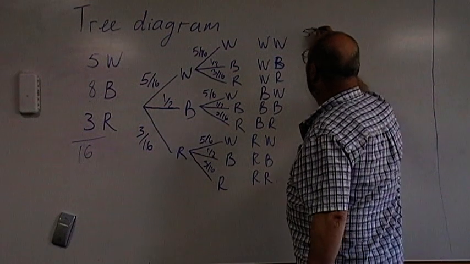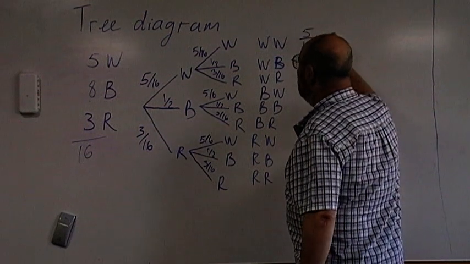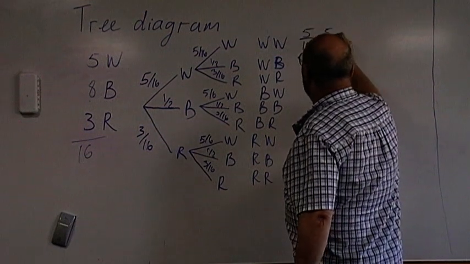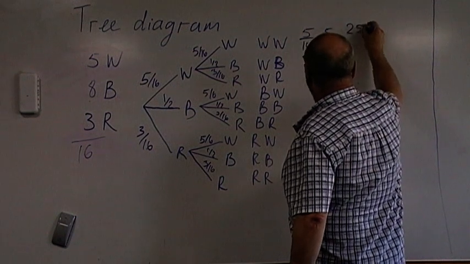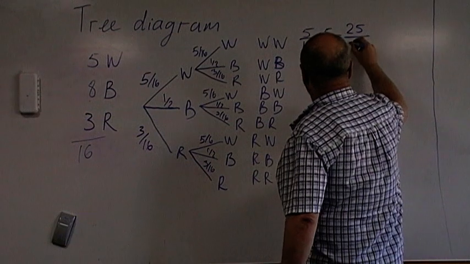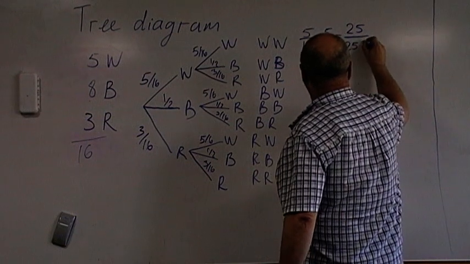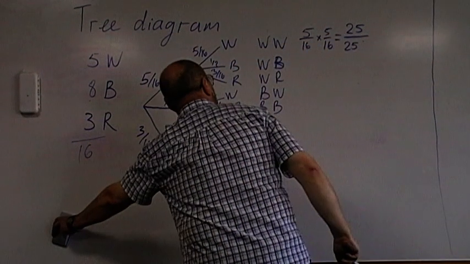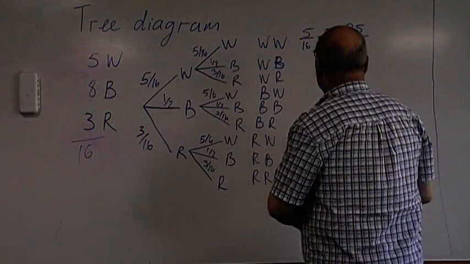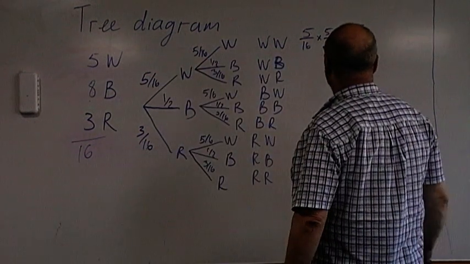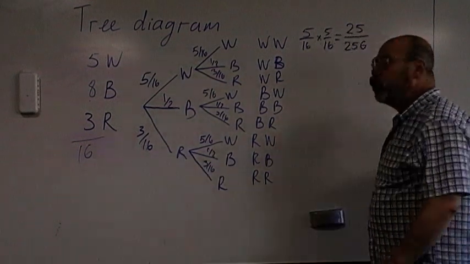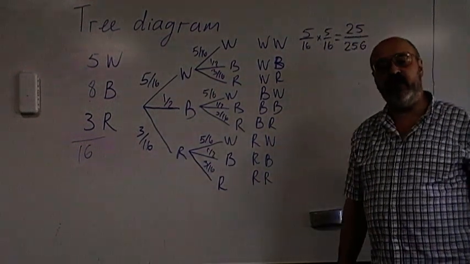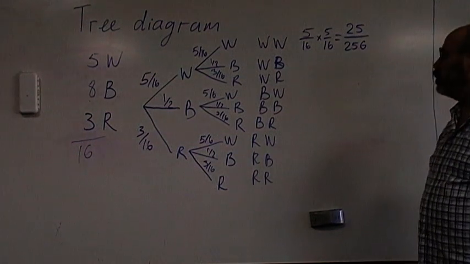That will be 5 out of 16 times 5 out of 16, so it will be 25 over 256. So that will be the probability of getting 2 white socks.